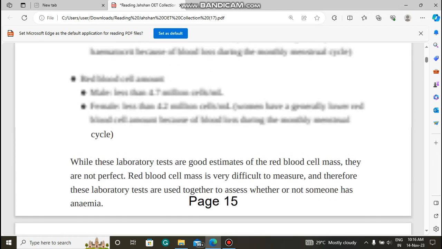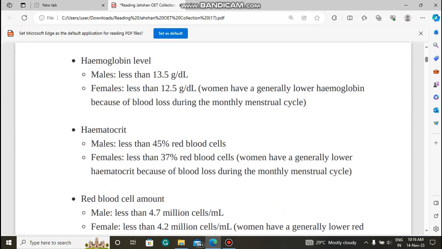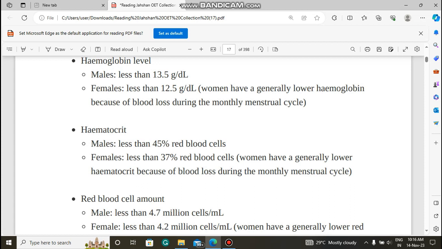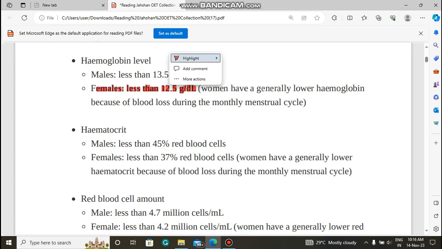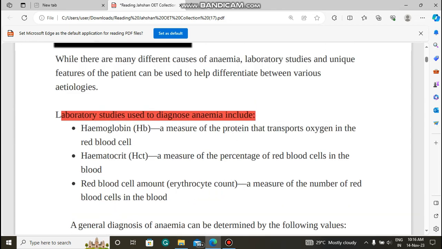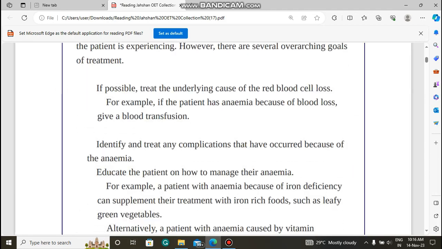Yes, here it is given female. Female, another term for women is female. You will have to check the hemoglobin level. It's clearly mentioned female less than 12.5 gram per deciliter. So the answer is 12.5 gram per deciliter. It is given in section C. So the answer of fifth question is C.